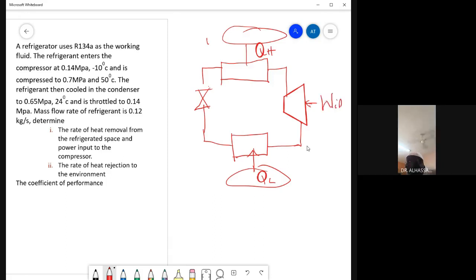Let's say this is state 1, state 2, state 3, and state 4. So we have the evaporator here.